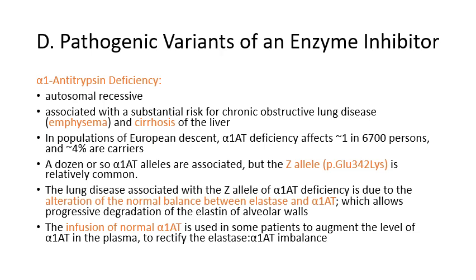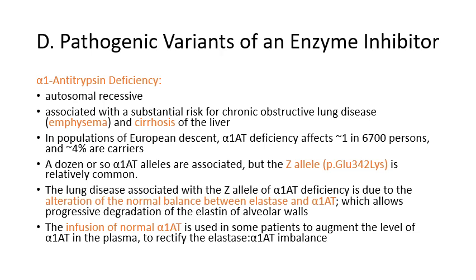However, alpha-1 antitrypsin usually checks the amount of elastase and balances it out. When there is excessive elastase and not enough alpha-1 antitrypsin, it allows progressive degradation of elastin in the alveolar walls. Therefore, the alveolar walls become damaged and emphysema can occur.